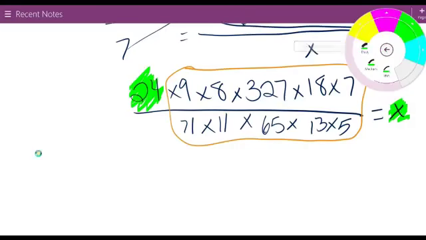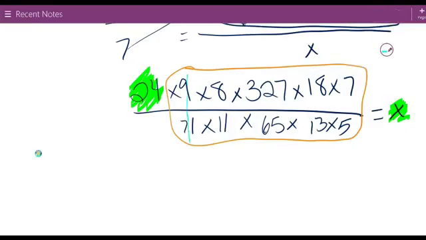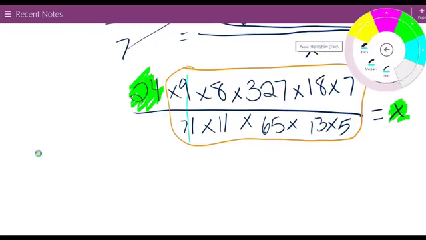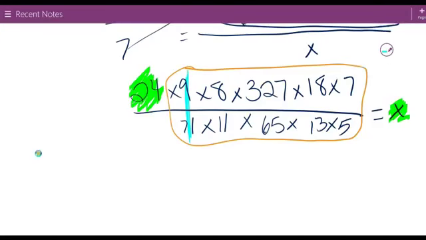Okay, let's use the blue highlighter. Here is one condition. Here is a second condition. Here's a third condition. Here's a fourth condition. Here's a fifth condition.